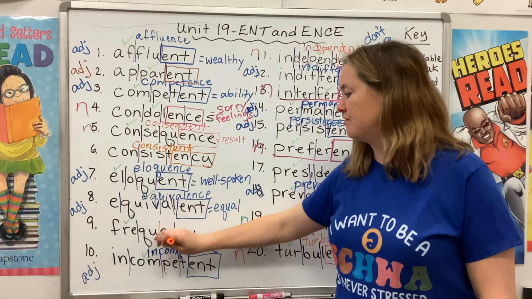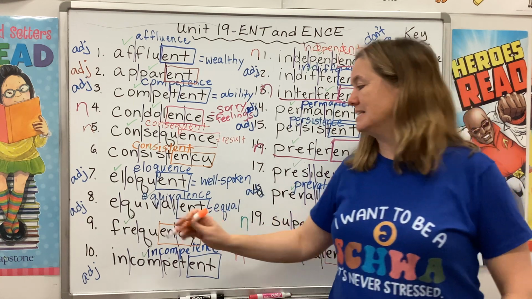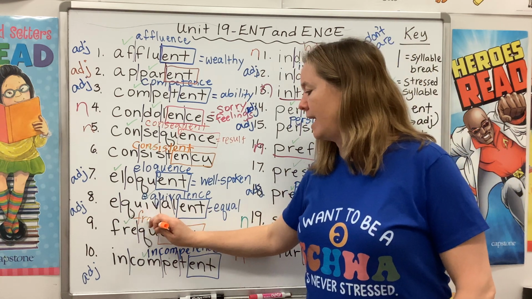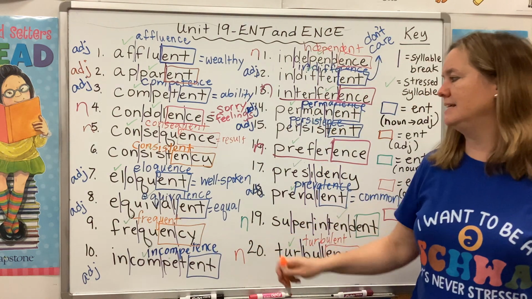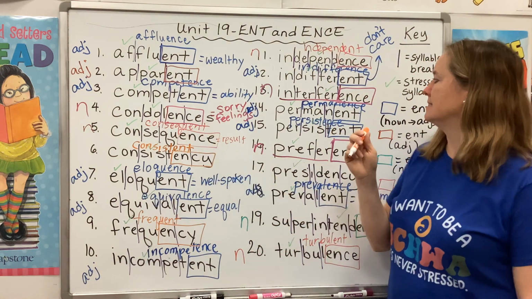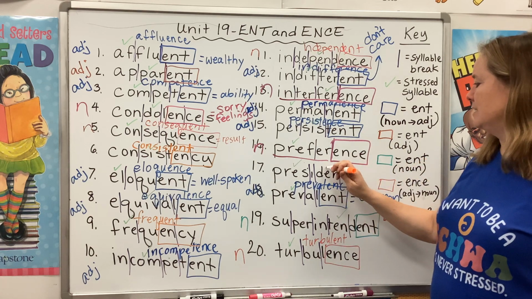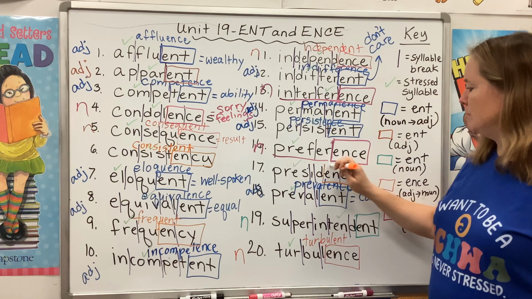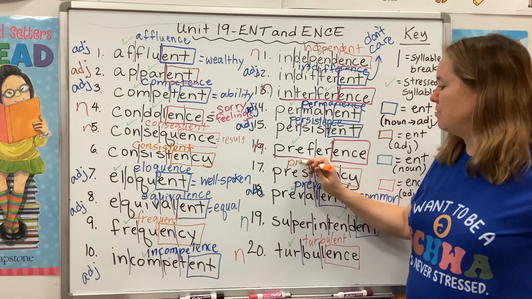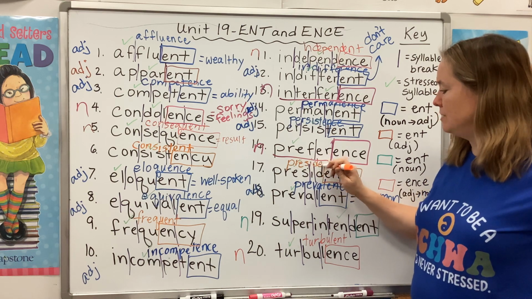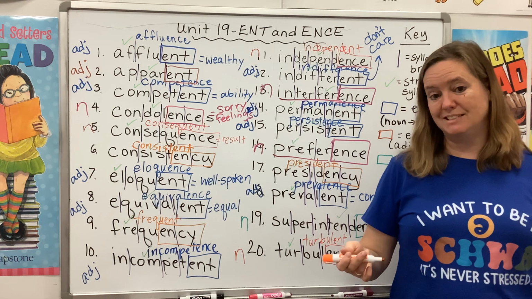We see this with frequency, right? The frequency of something means how frequently or how often it happens. So frequent becomes frequency, consistent becomes consistency. And then this is an interesting one because we talked about superintendent. Well, the noun form, we actually have two nouns here, because a president is a person who runs a company.